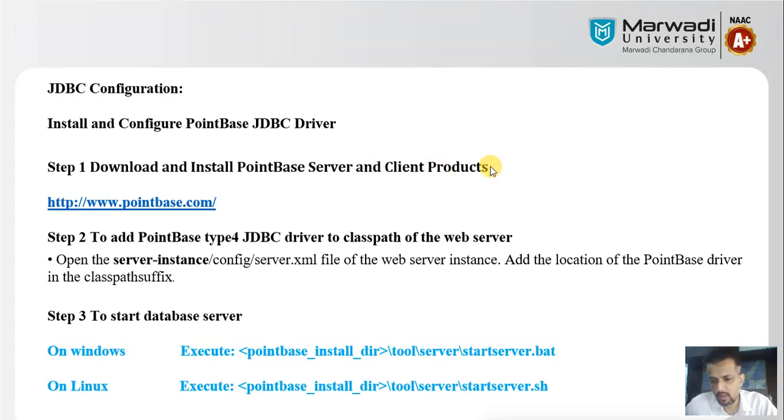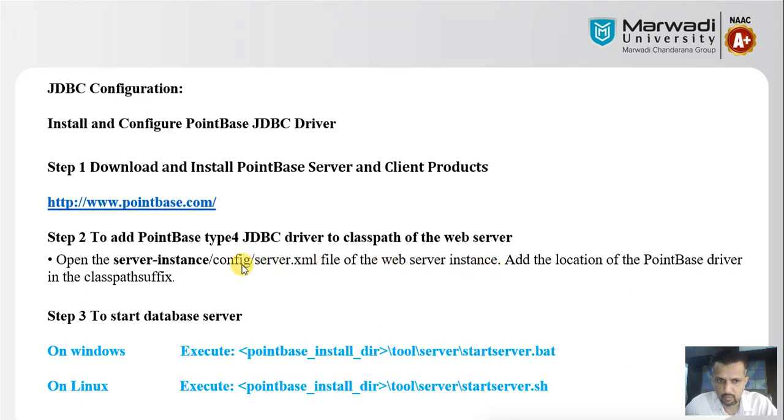It means you are focusing on PointBase specifically. So first, by using this PointBase URL, you will download its server and client products. Now you want to add the type 4 JDBC driver and update the class path of the web server, and we will follow the next step.